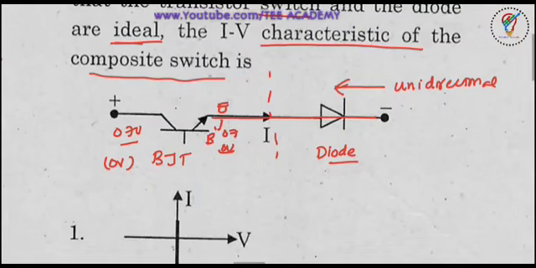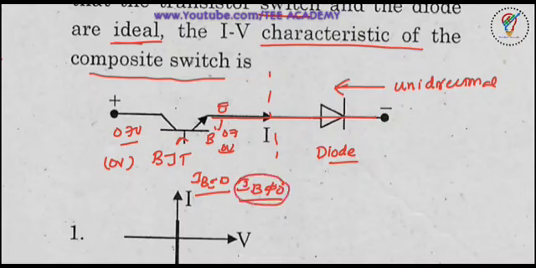But generally it will have a blocking capability in the forward direction. How? Because if the base current is 0, it will not conduct. Once the base current is not equal to 0, if you see the characteristics, it starts conducting. That means the control is with the help of the base current only.